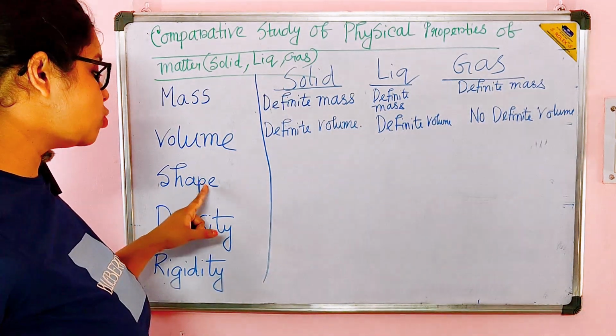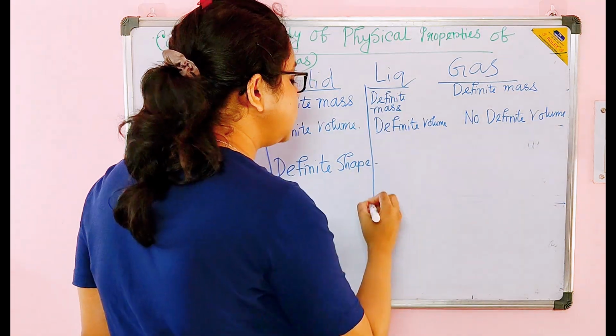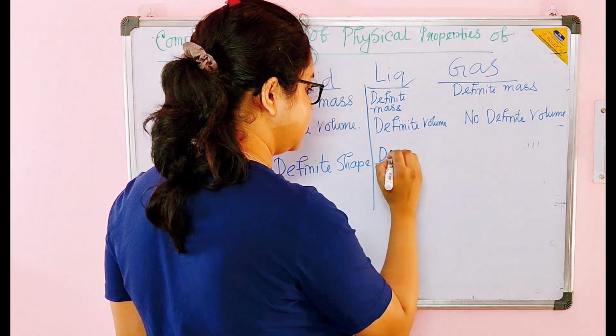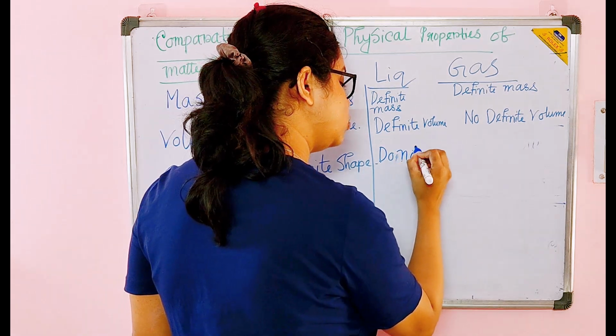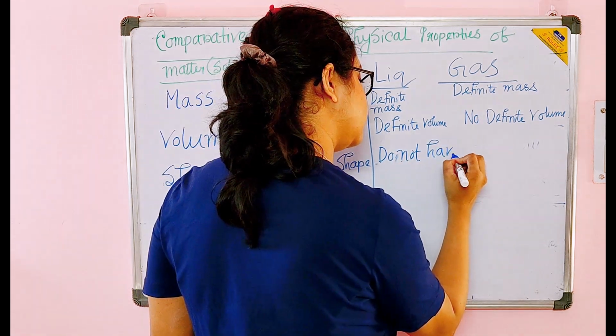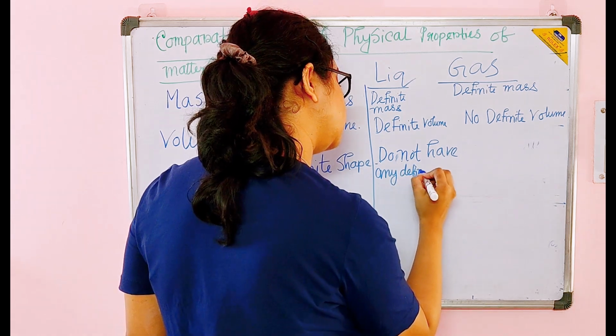The third one is shape. Solids have definite shape. Liquids do not have any definite shape.